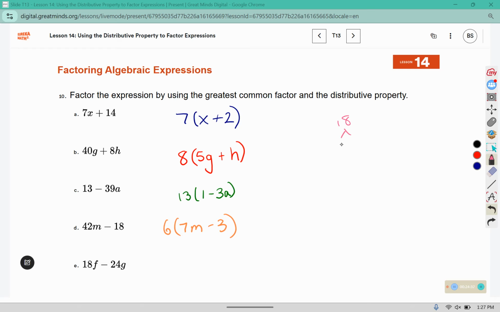18 is 6 times 3, and 6 can be broken down into 2 times 3. 24 is 8 times 3. 8 can be split into 4 times 2, and 4 can be split into 2 times 2. They both have a 3, and they both have a 2.